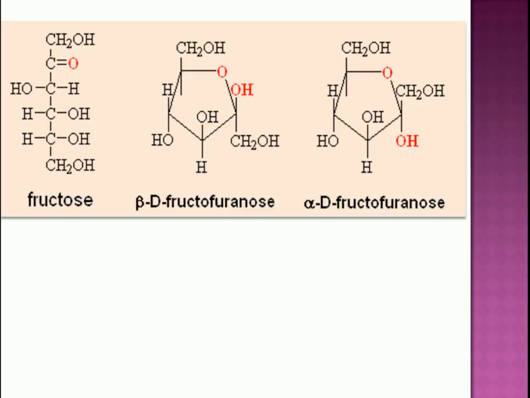The OH projected towards the bottom, indicated by pink color, indicates alpha D fructofuranose. In the second cyclic form, you observe the OH projected towards the upper side, which indicates the form is beta D fructofuranose.